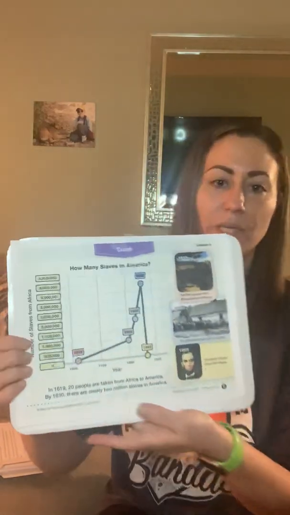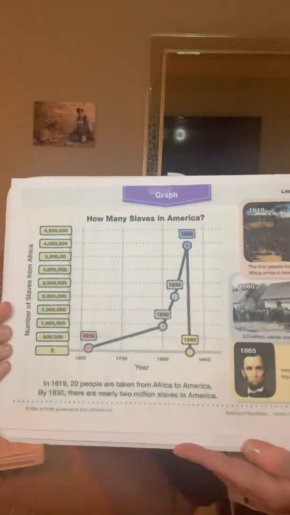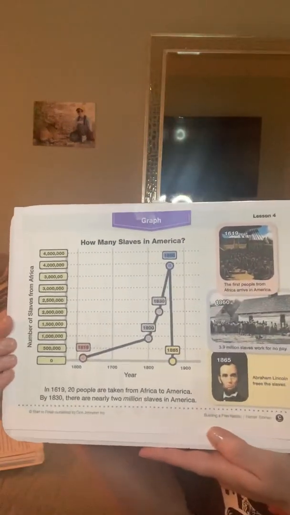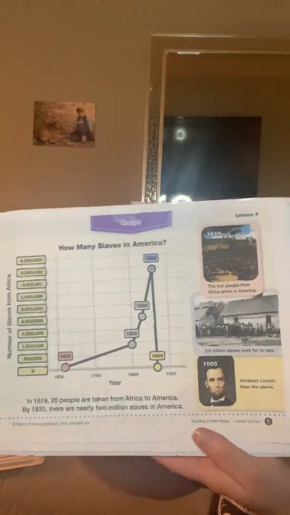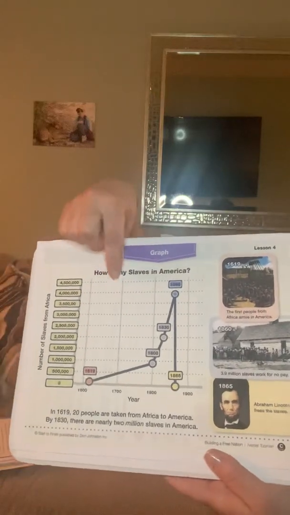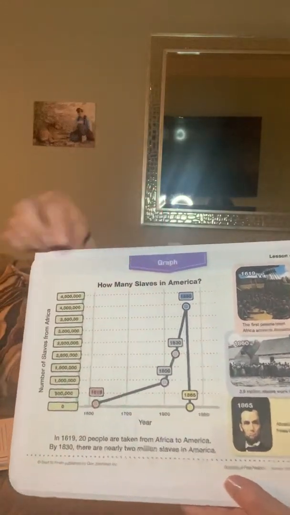So let me set this up for you guys so we can look at it. I'm going to read this out loud to you. This is our article. I've also attached one for you guys. And as you can see, the top says how many slaves in America. This side says the number of slaves from Africa.